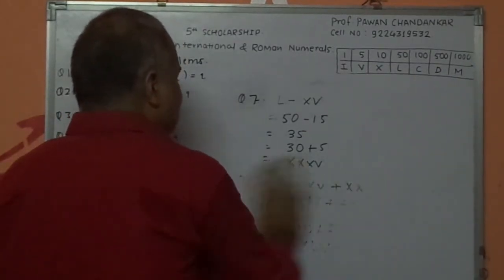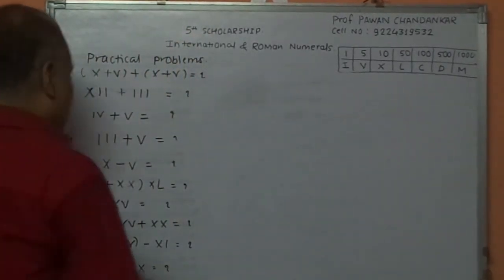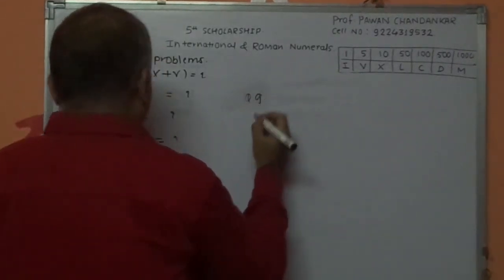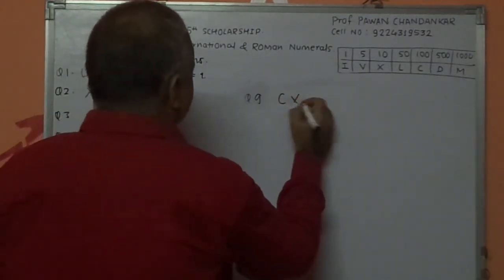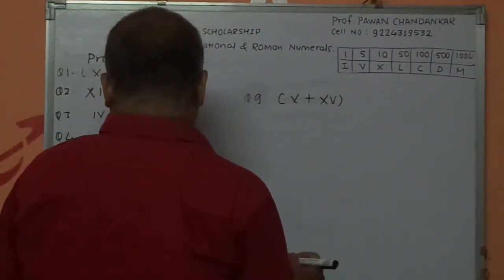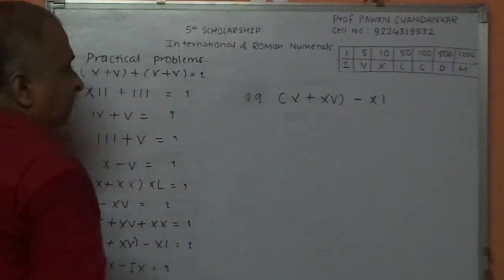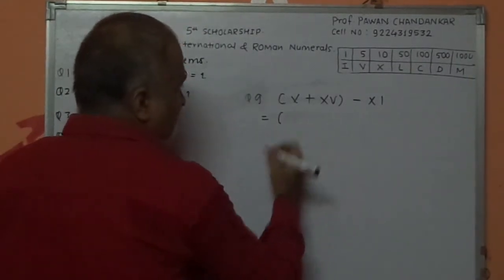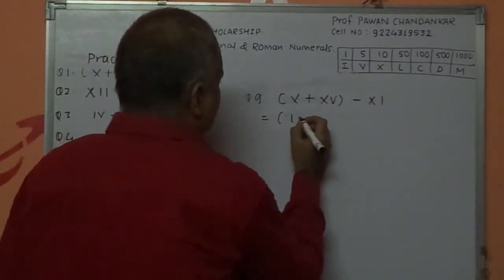Question number 9. The question is x plus xv minus xi. So let us solve this. X means what, students? It is 10.